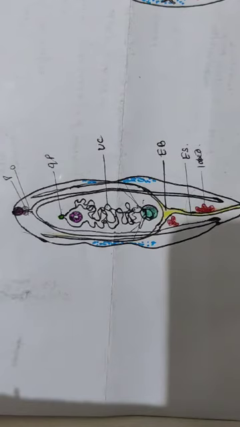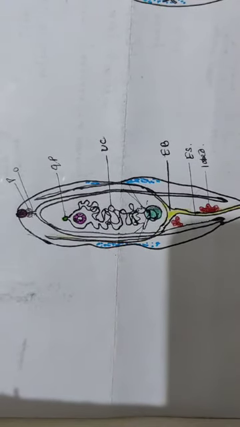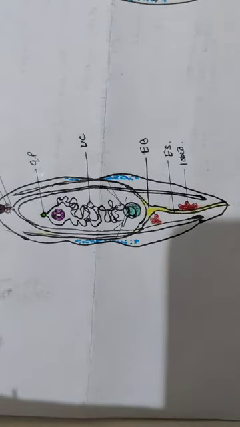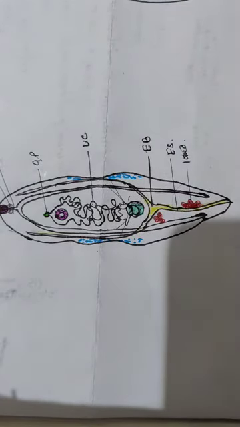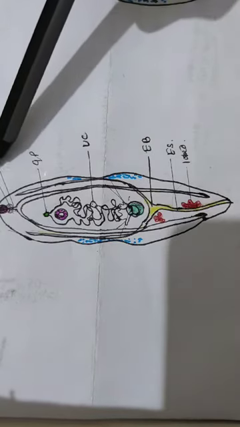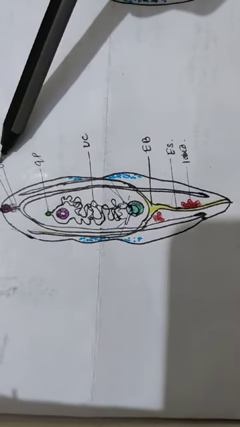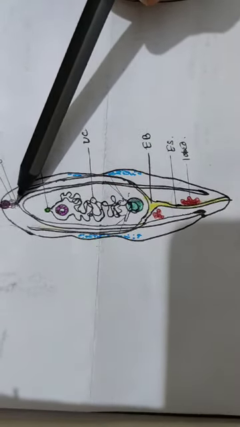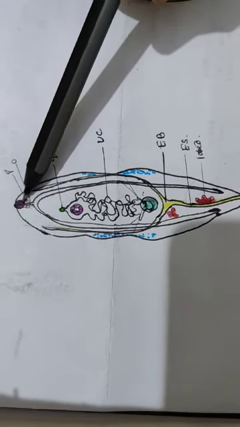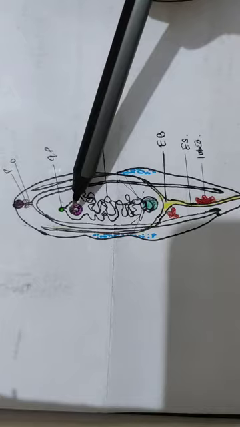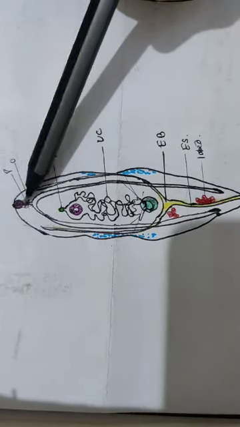It is very important to identify it so as to differentiate it from Clonorchis sinensis. In Opisthorchis tenuicollis, the gap between pharynx and esophagus is very small, as you can see here. The ventral sucker and oral sucker are not too far from each other.